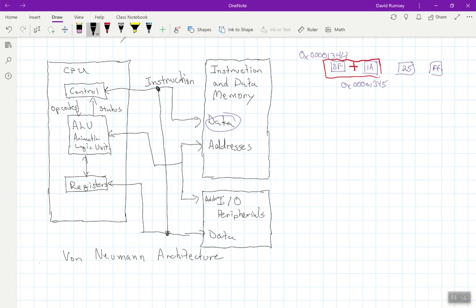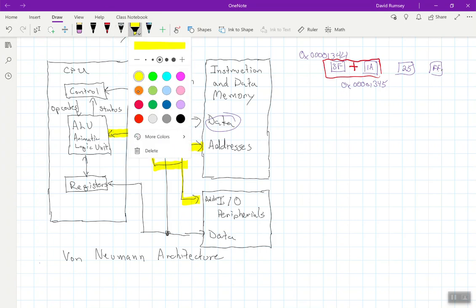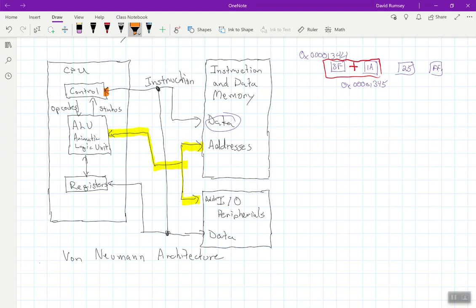Now, what's important to think here is, you've probably heard this terminology before, but I'm going to highlight these paths here. And I'm going to highlight them in different colors.